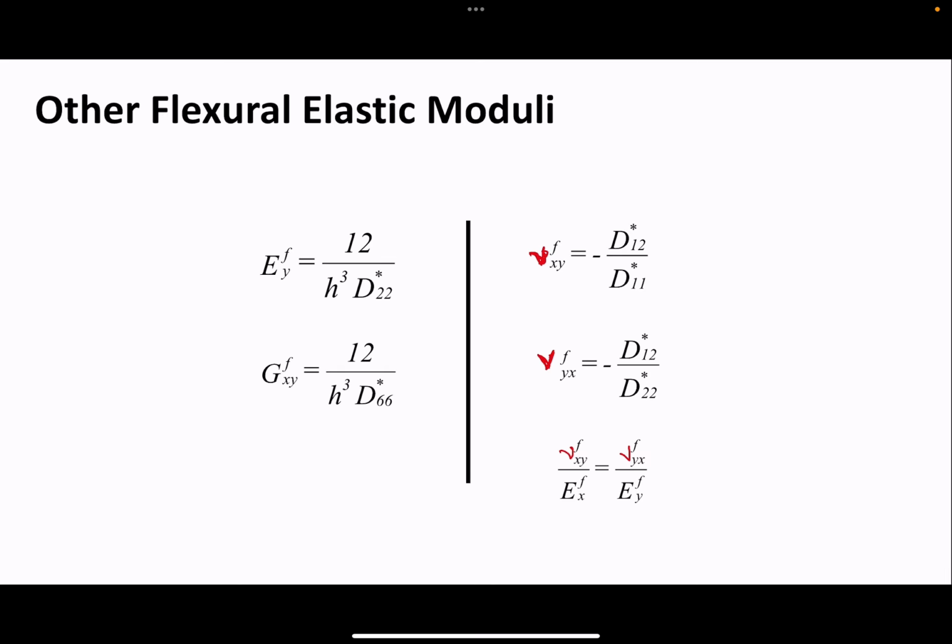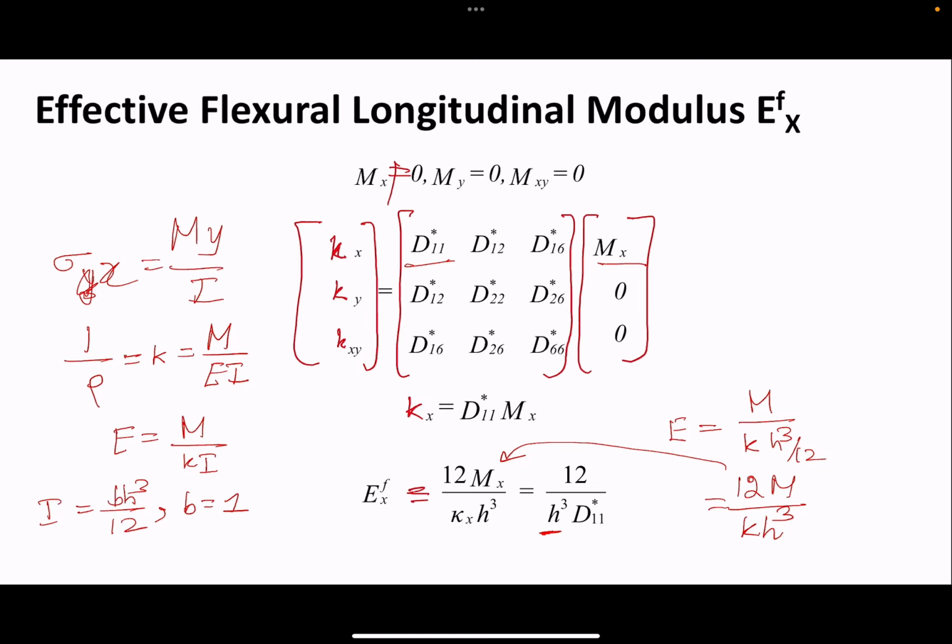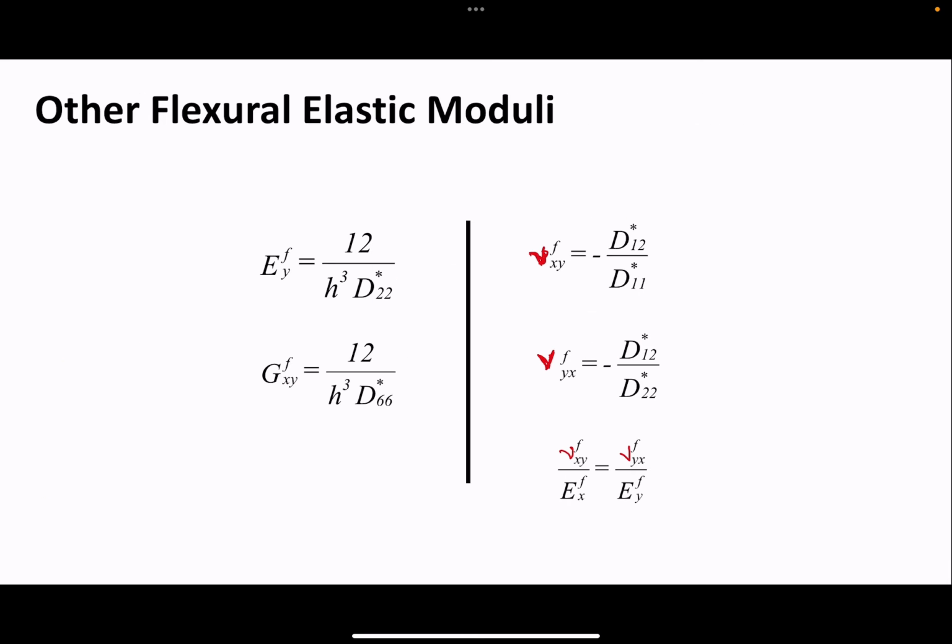So EFx was the longitudinal modulus, so that is your flexural transverse modulus, and then you have the flexural shear modulus, and then you have the flexural major Poisson's ratio and minor Poisson's ratio. Of course, you share the same relationship no matter what kind of Poisson's ratio you are looking at. So that was pretty much it.